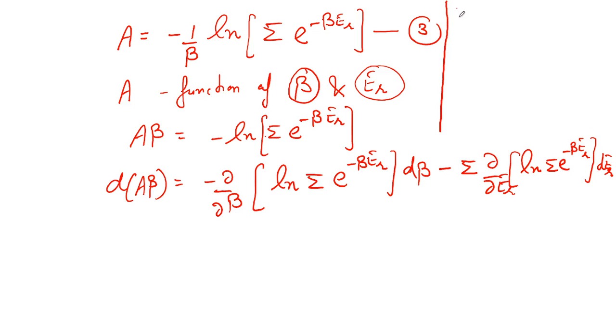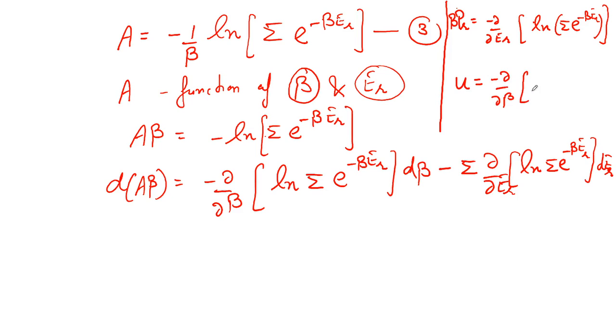Our first equation is P_r, which is equal to minus the partial derivative with respect to E_r of the logarithm of the summation of e raised to power minus beta E_r, divided by beta. And similarly our equation number 2, the average energy per ensemble, is minus the partial derivative with respect to beta of the logarithm of this partition function.